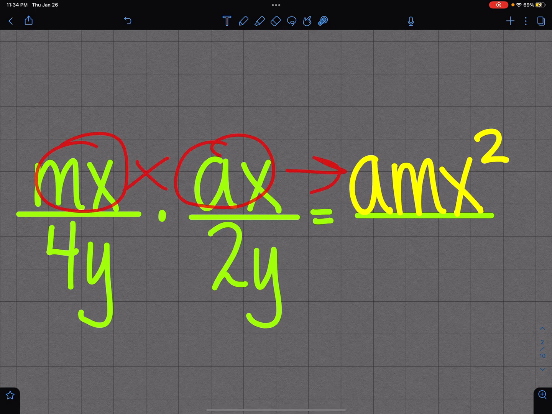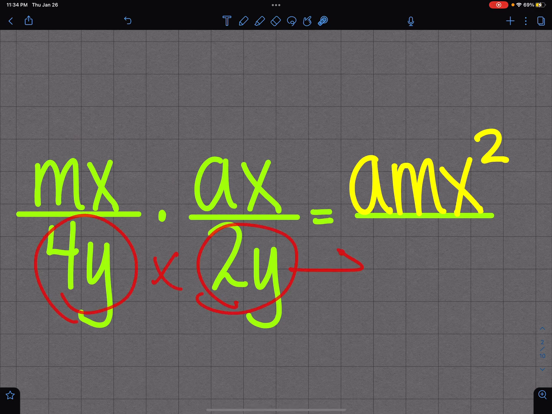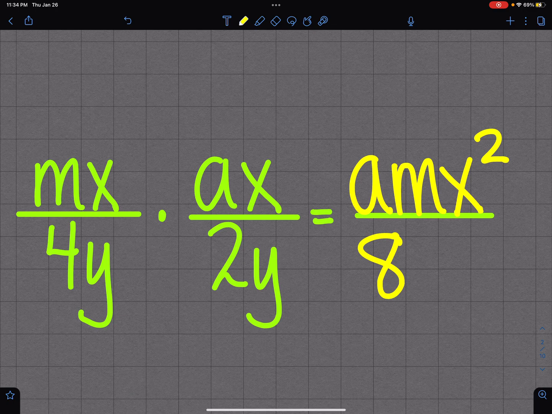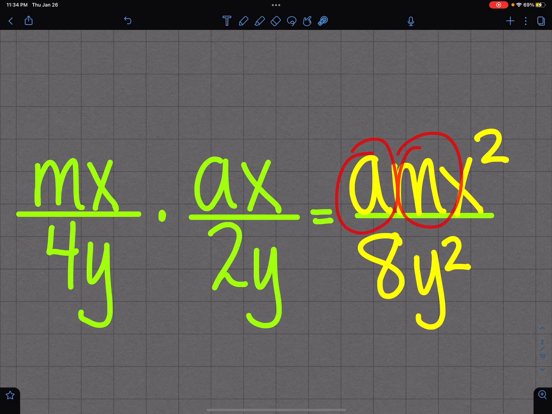This is so cool. Then you do the same exact thing to the denominators: 4y times 2y. In this situation it's 8, and then y times y is y squared. So this is totally the answer. The reason I wrote a, then m, then x on top is that I'm a little OCD and like to write the answer in alphabetical order.